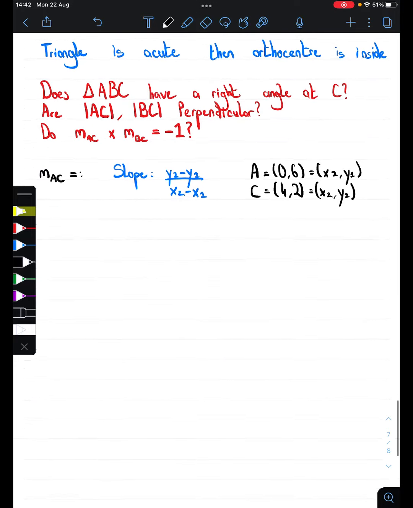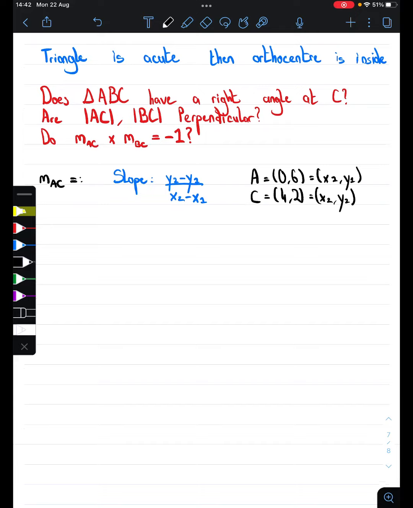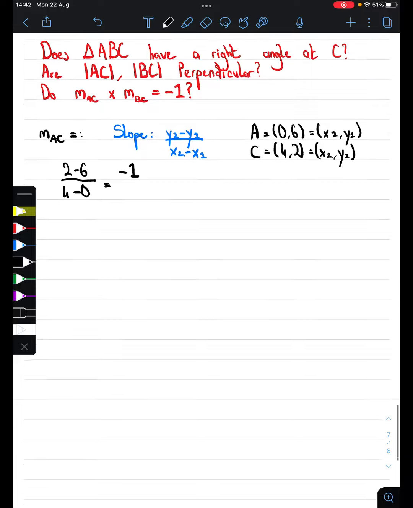Then the slope is (2 minus 6) over (4 minus 0), which is just minus 1. So the slope of AC is minus 1.